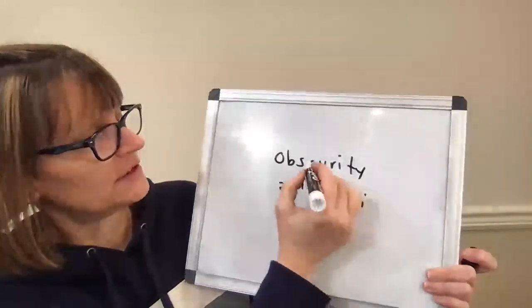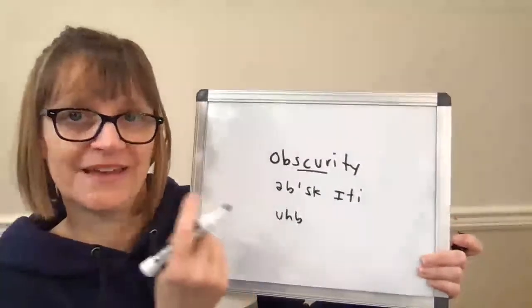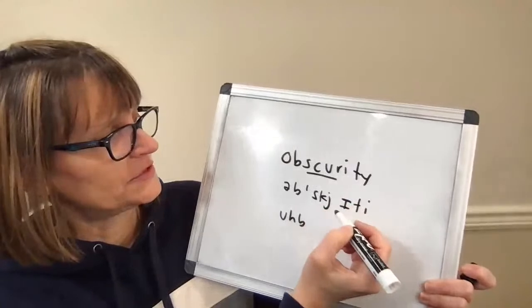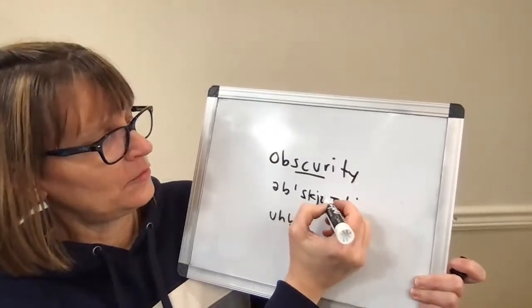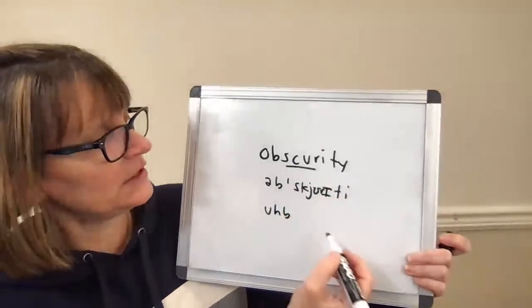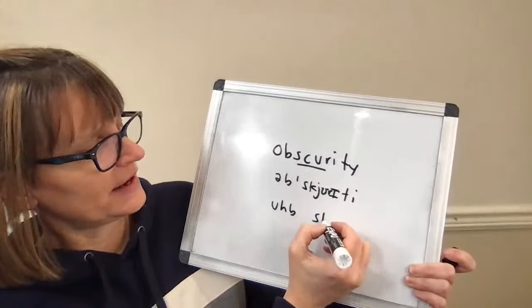Stress on scure. This is an example of a U that has the glide, as in obscure. I'll put it here as a y, because there's a little U-like quality to it. So I would write that kind of like this.